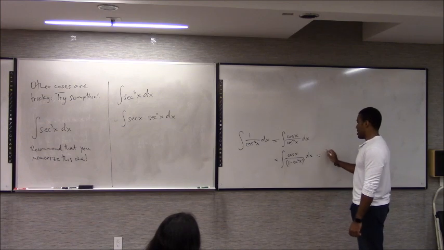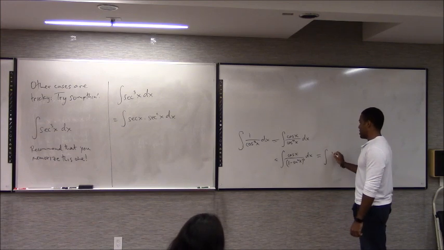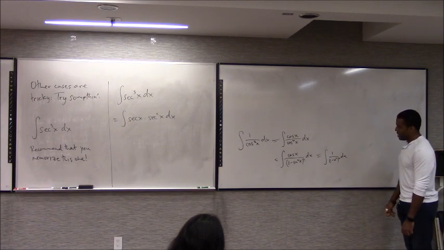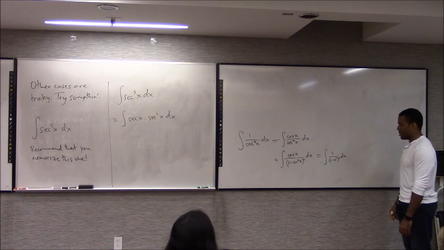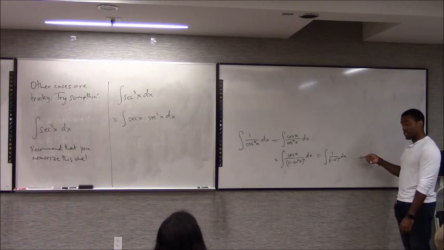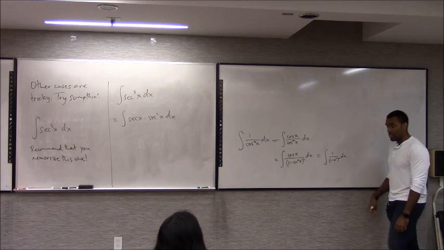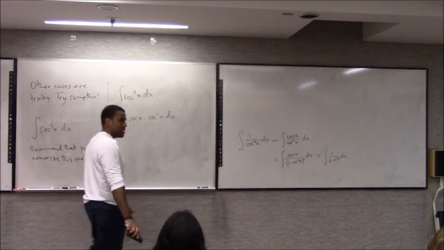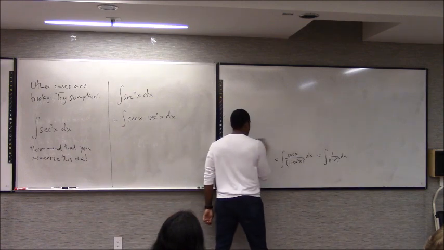That would basically become 1 over 1 minus u squared, squared. Now that in and of itself is kind of tricky to deal with. Partial fractions would be how you deal with that. At the moment we don't know partial fractions, so that's a dead end.